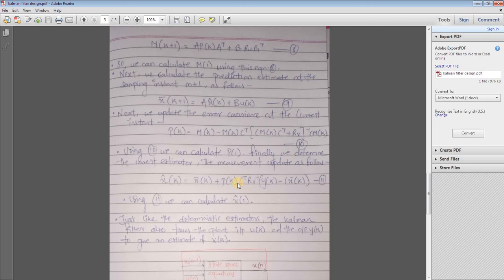Now we have indicated how to update all the values to the current time instant, given the values at the previous instant. So now it is possible to go forward and calculate all the future values.